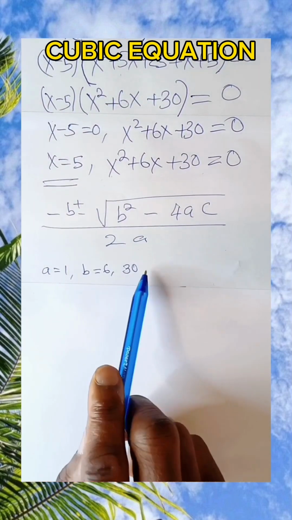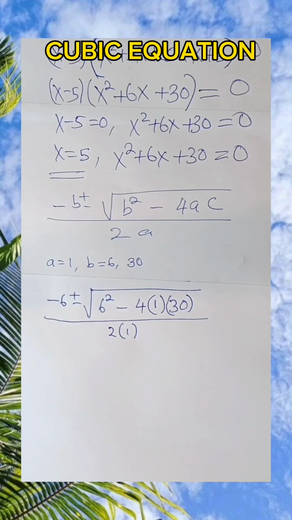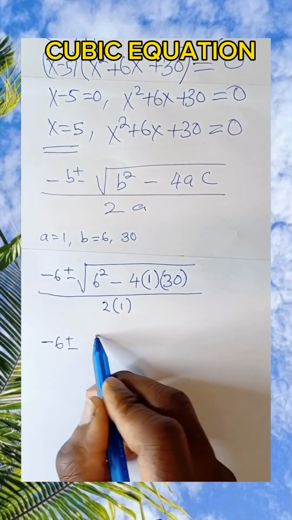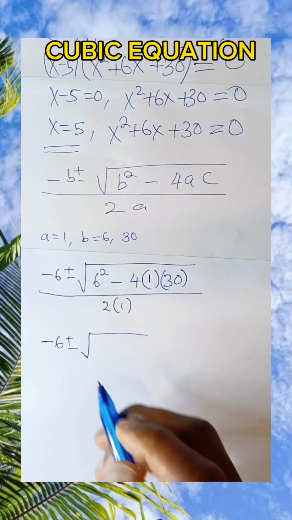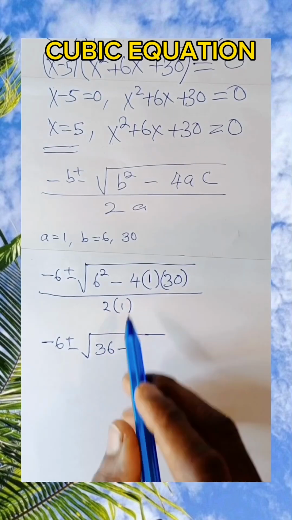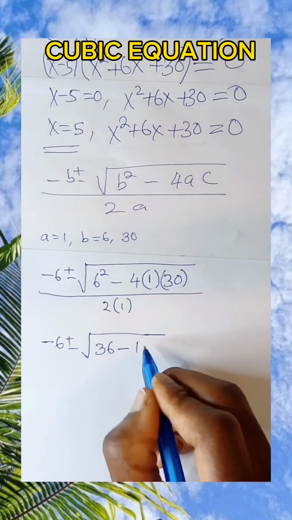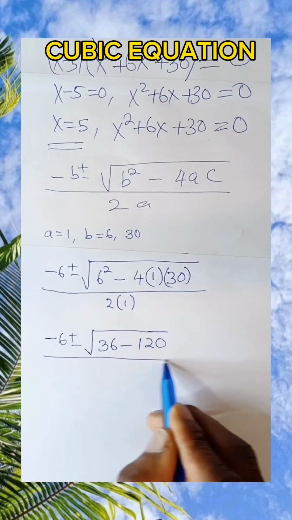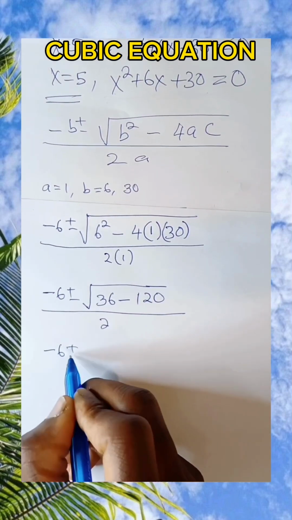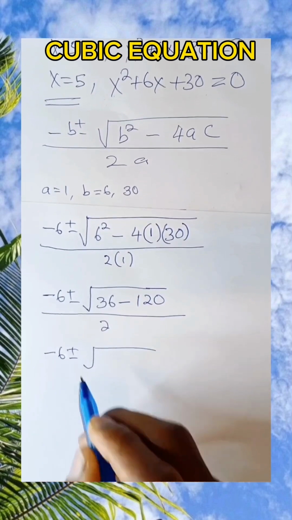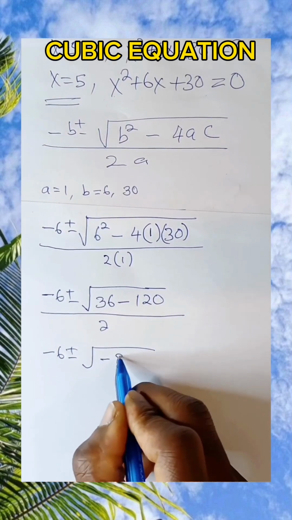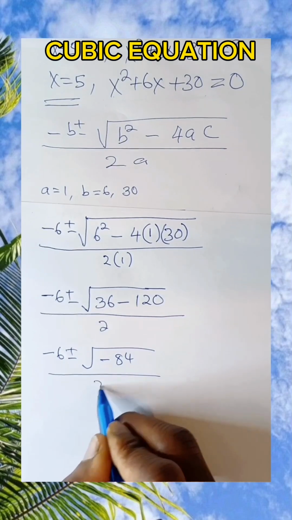Now let us input these values in the equation. So we will have minus 6 plus minus the square root of 6 squared, which gives us 36, minus 4 times 1 times 30, which gives us 120, divided by 2. We will have minus 6 plus minus the square root of 36 minus 120, which gives us minus 84, divided by 2.